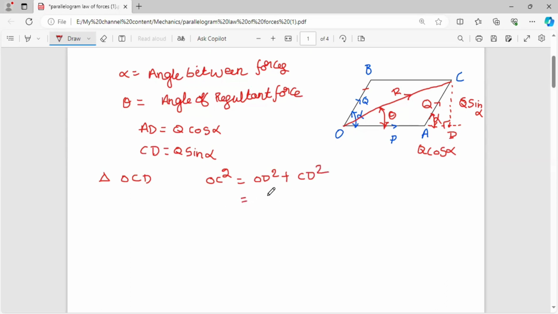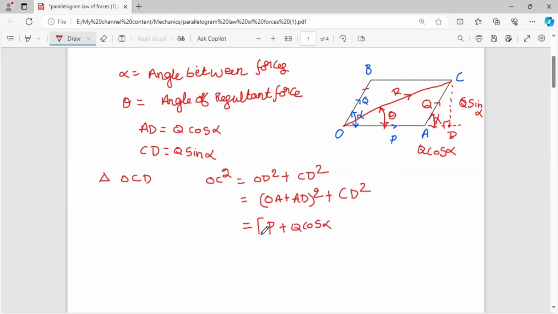From the diagram, OD can be written as OA plus AD. What is OA? That is force P. What is AD? AD means Q cos alpha.